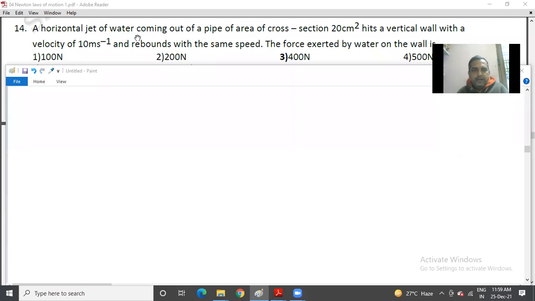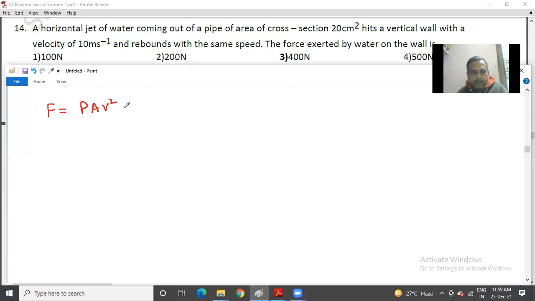A horizontal jet of water coming out of a pipe of area of cross section 20 centimeters square hits a vertical wall with a velocity of 20 meters per second and rebounds with the same speed. The force exerted by water on the wall is? In the previous session, we got the formula F equals rho A V square, for a jet of water hitting the wall.